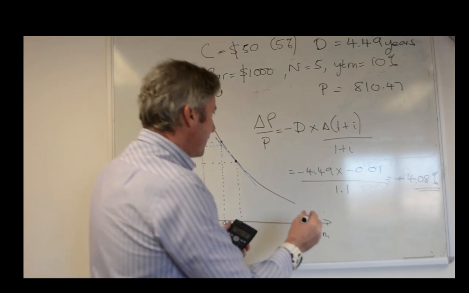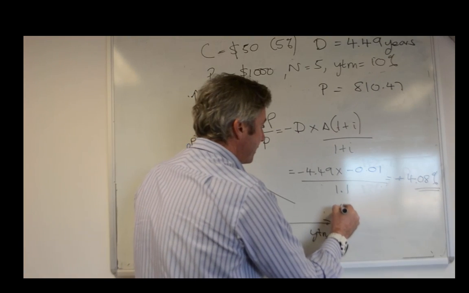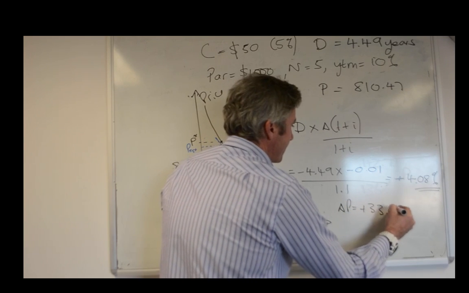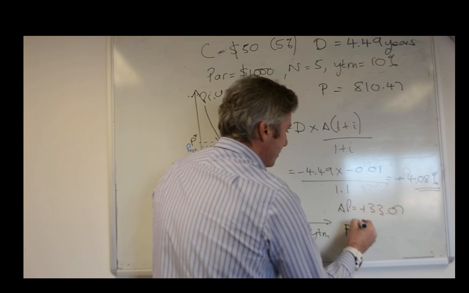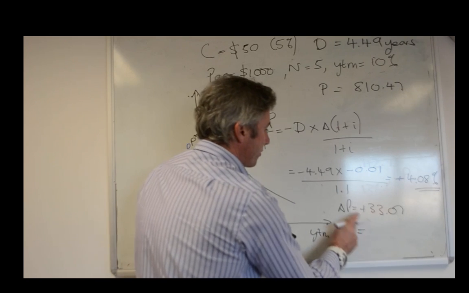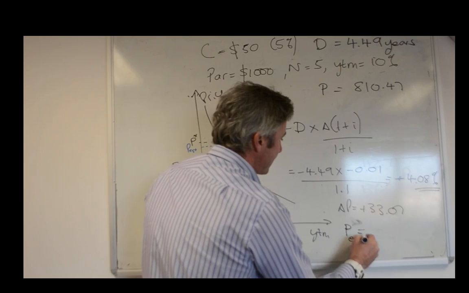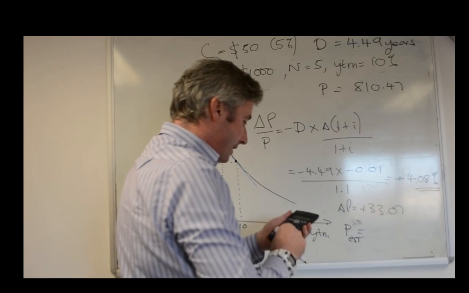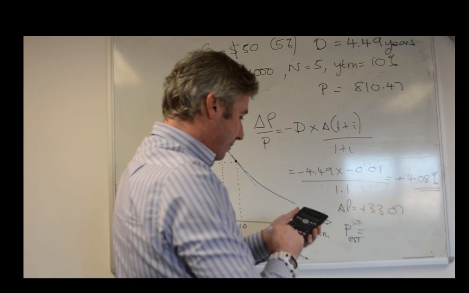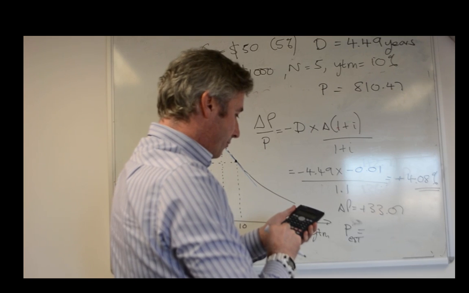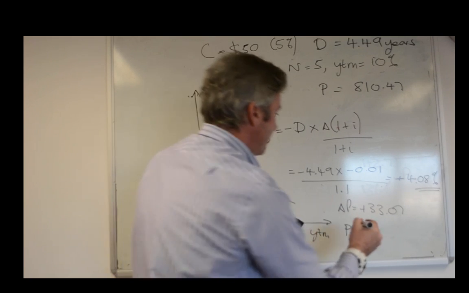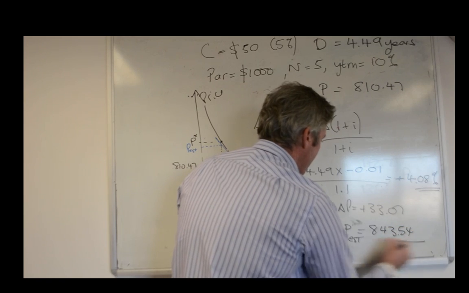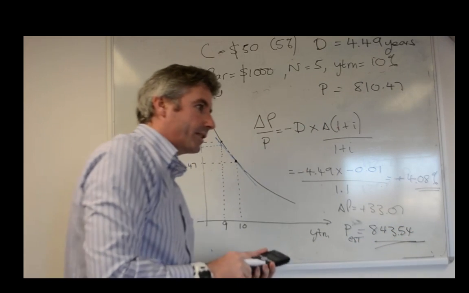So the change in price is 33.07. So the new price, our estimated price, P est, is 33.07 plus the 810.47. So 810.47 plus 33.07, which is 843.54. So that's our estimated price.